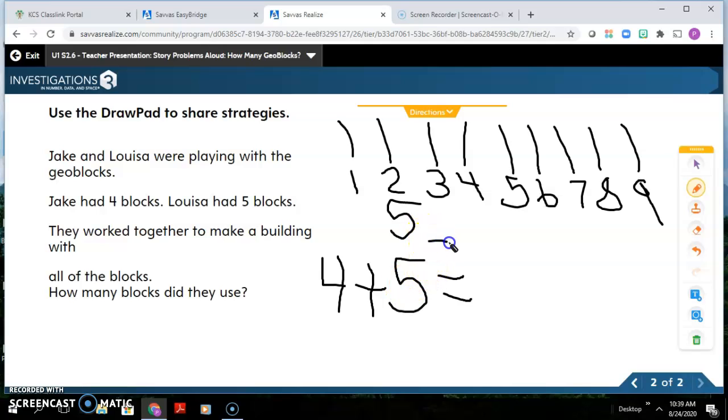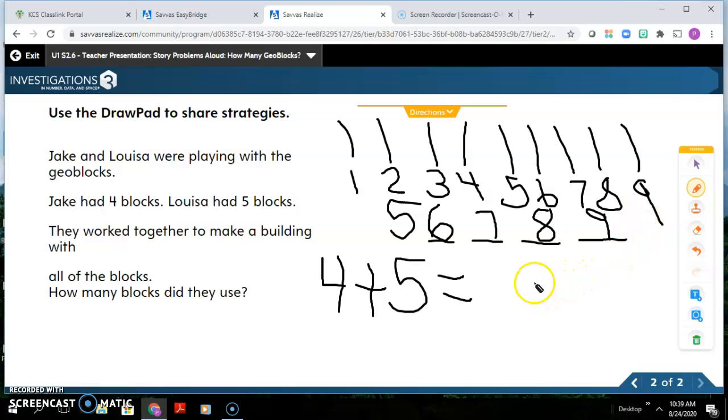And I'm just going to add 4 more lines. If you start with a higher number, you don't have as many lines to write. All right, so if we count on, we have 5, and right after 5 comes the number 6, and then 7, and 8, and 9. All right, so once again, we get the sum of 9.